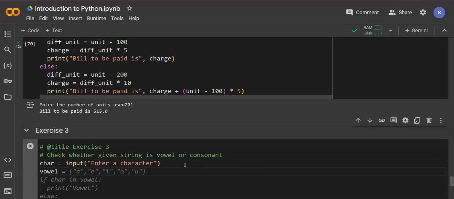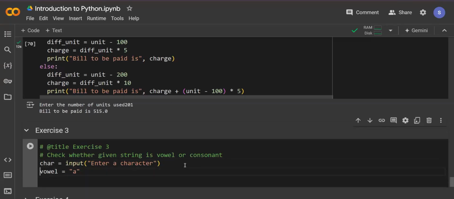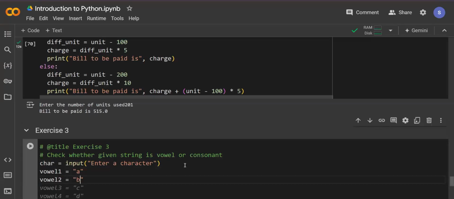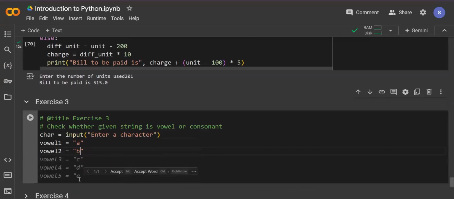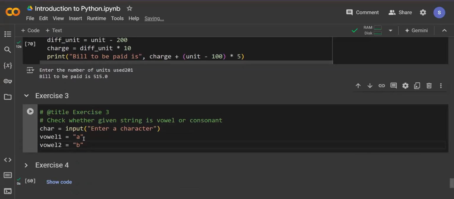Now here I cannot use a single variable name. So let us write here A and vowel. Can I write like this? Vowel 1 is A, vowel 2 is equal to E. Like this, can I write? But this is not a good way to write, right? What else do you think? Which data type can be used here?